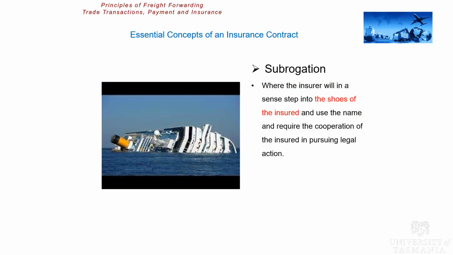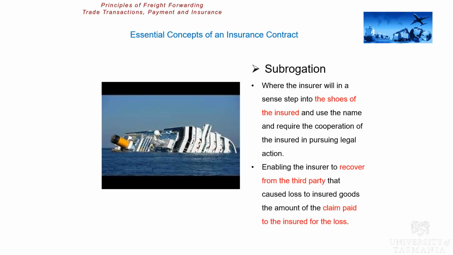And the last one is subrogation, and that's where the insurer will, in a sense, step into the shoes of the insured and use the name and require the cooperation of the insured in pursuing legal action, enabling the insurer to recover from a third party.